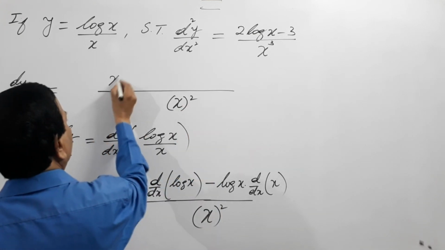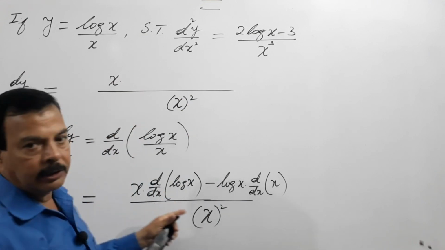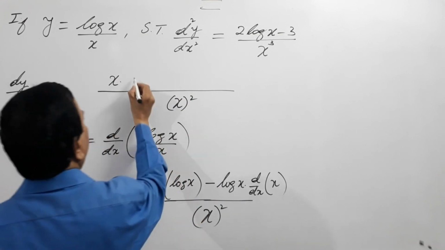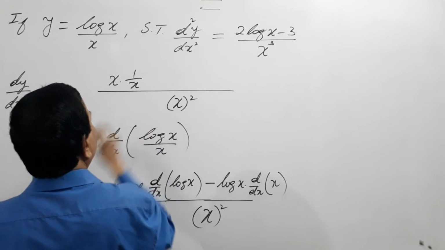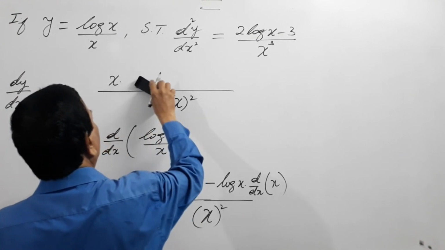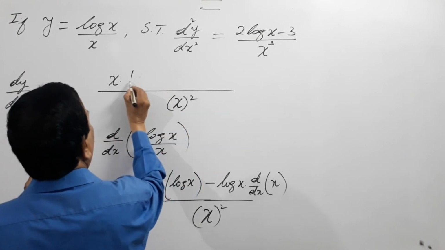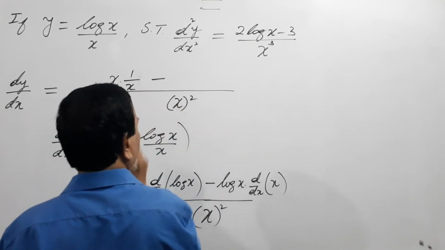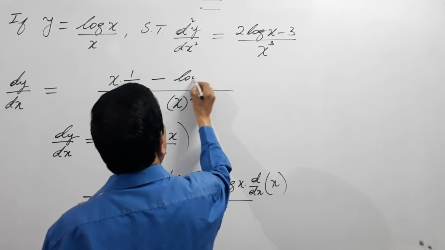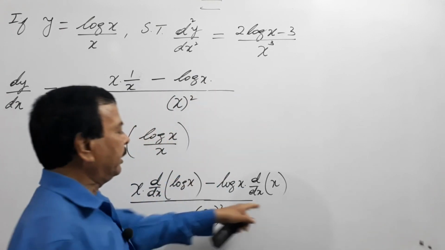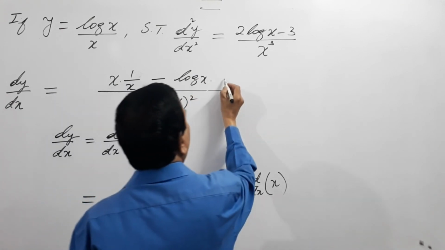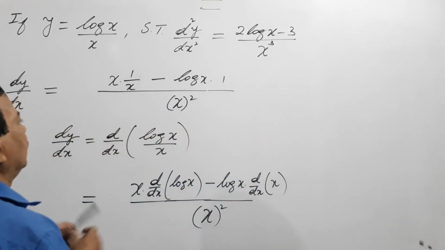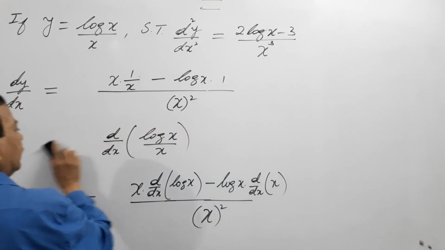So x into d by dx of log x is 1 by x. So that becomes x into 1 by x, minus log x, d by dx of x is 1. So, 1.